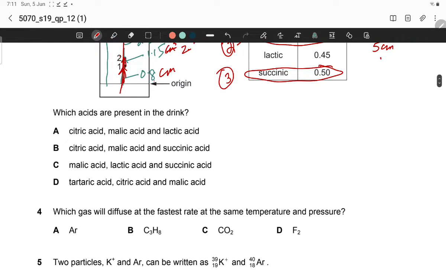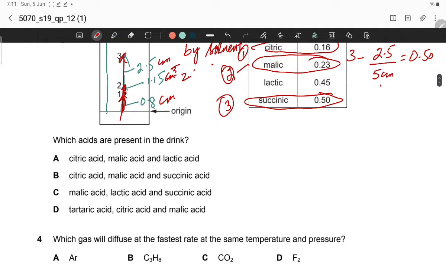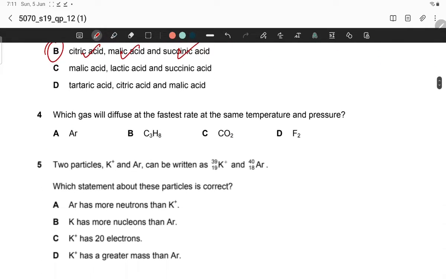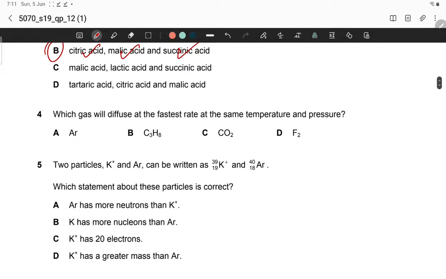So the correct option is citric acid, malic acid, succinic acid. B is the correct option.